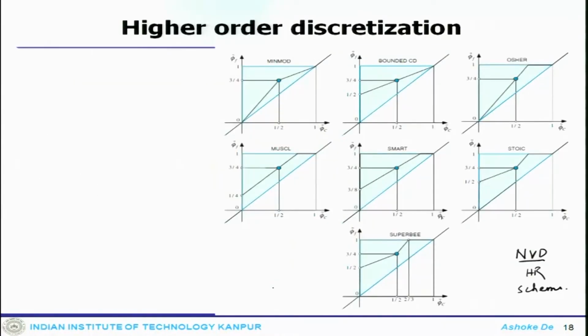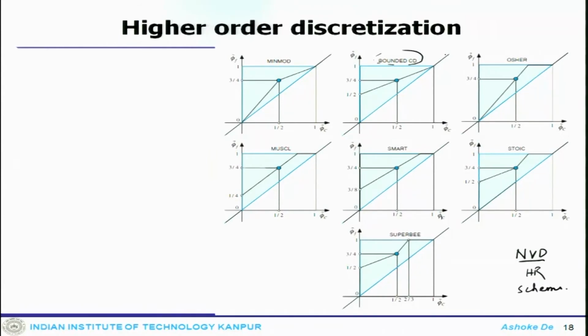So, in the NVD, this is what the bounded CD does. Between 0 and 1 it is a constant value, and other than 0 to 1 the value is always phi c, which goes as a linear profile.